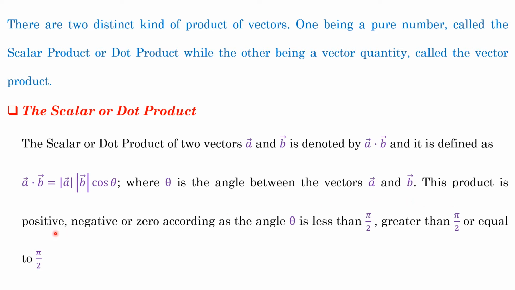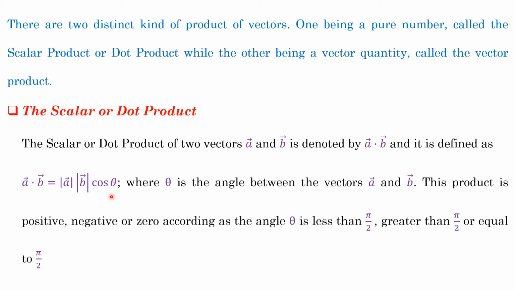This product is positive if the angle between the vectors is less than 90 degrees, because in that case the angle will be in the first quadrant, and in the first quadrant cos is positive. Therefore the dot product is positive when theta is less than pi by 2, and it will be negative if the angle is greater than pi by 2, because then cos theta lies in the second quadrant, where cos is negative.